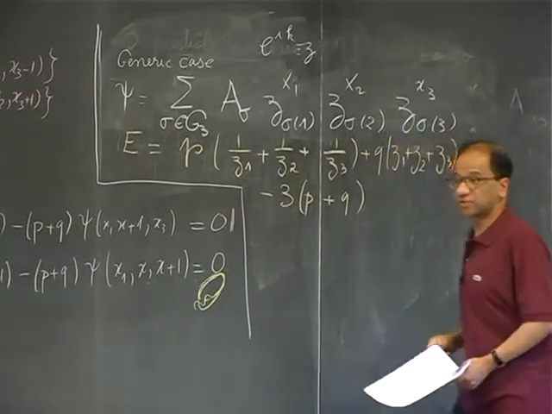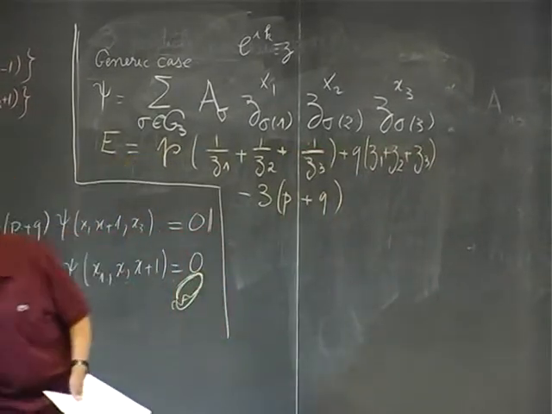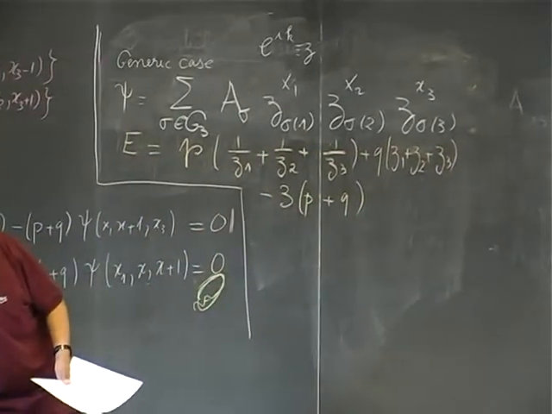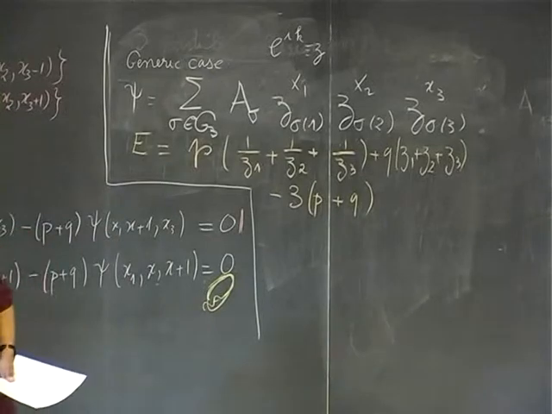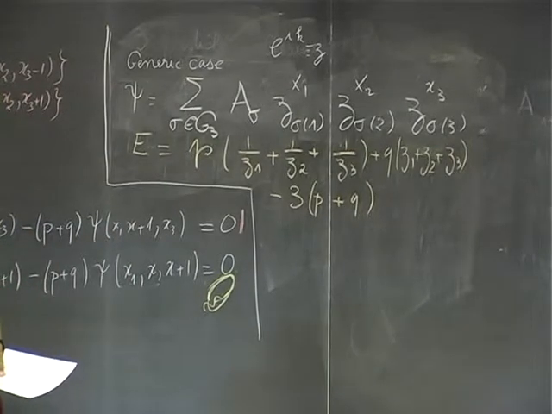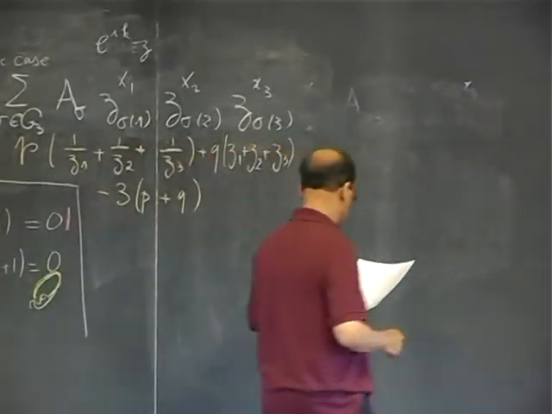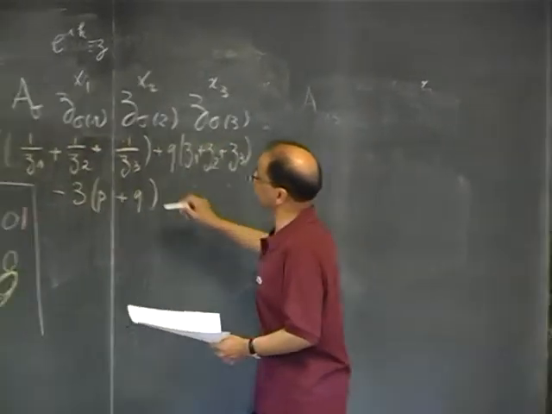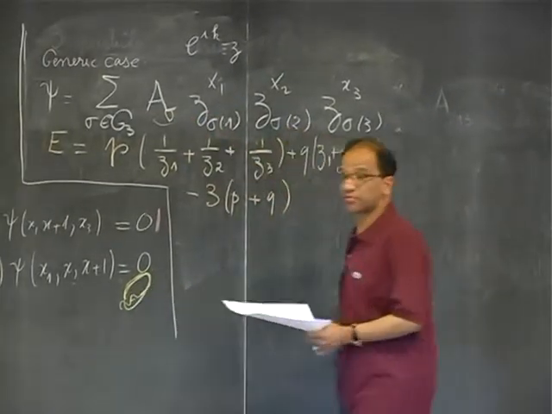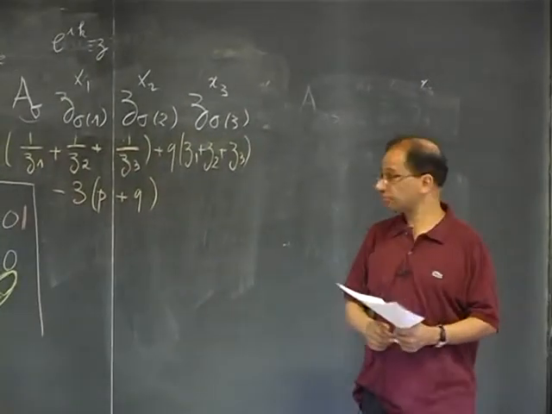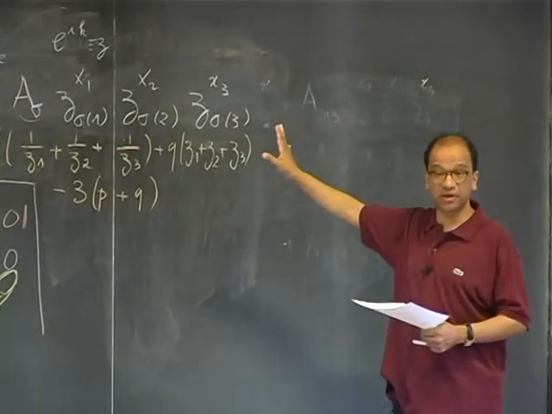So sigma is one of the 6 permutations possible for 3 elements: identity, transposition, and circular permutations. And A sigma just labels the amplitude of the permutation. Is this notation okay?